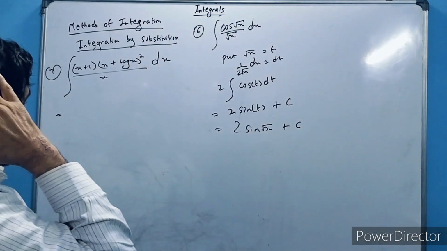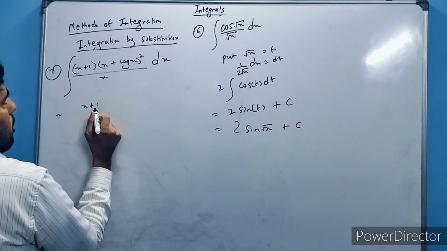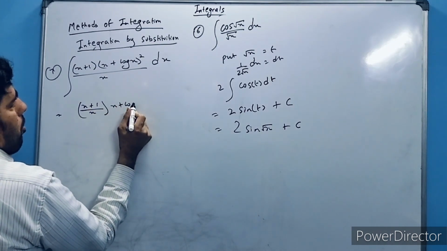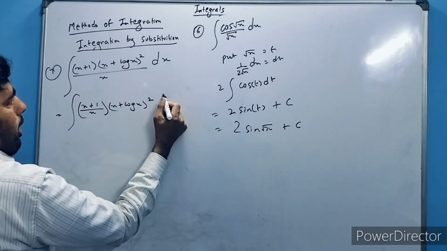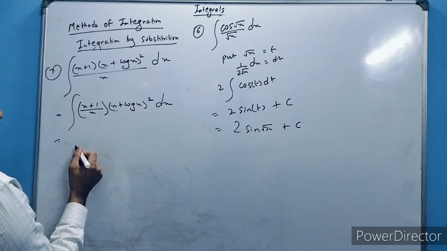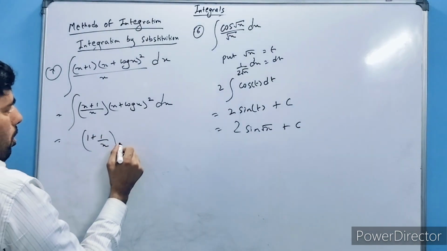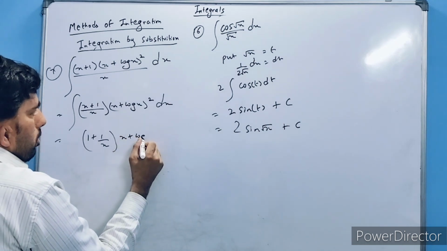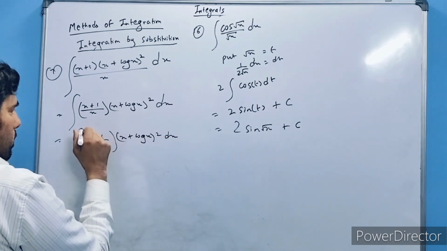We can take it like this: x here and x plus log x. Okay, so I can divide here like this: 1 plus 1 upon x. Now we'll take x plus log x whole square with respect to dx.